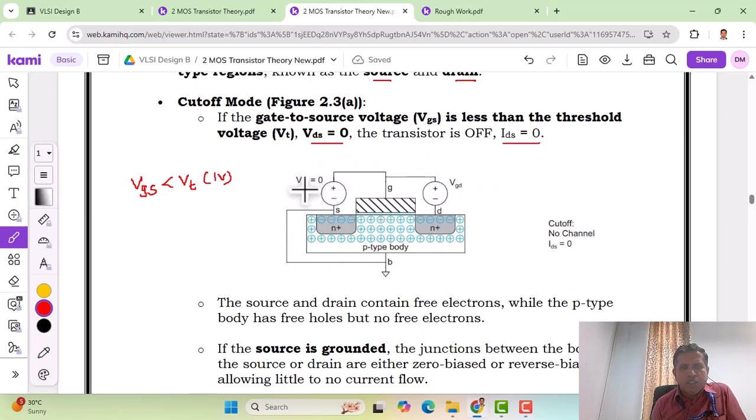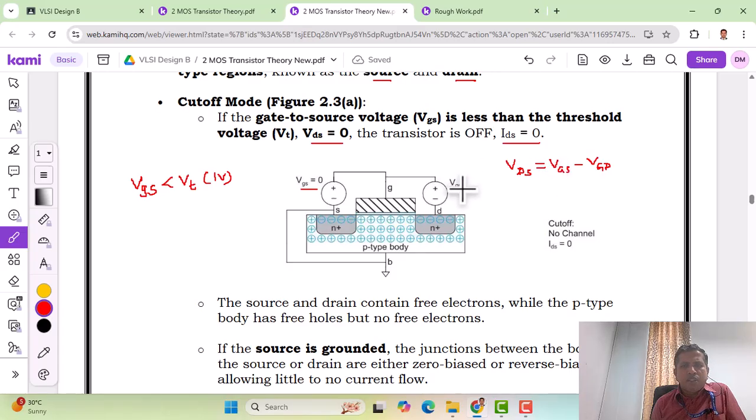As we can see, VGS is made 0 here, the gate to source voltage, and VGD too. In the last class we explained the relationship between VDS, VGS and VGD. The relationship is VDS equals VGS minus VGD. This is what we derived in the last class.